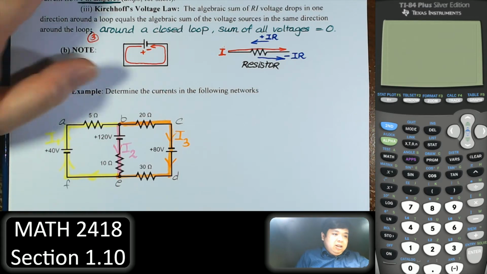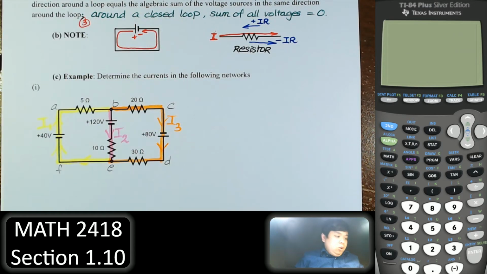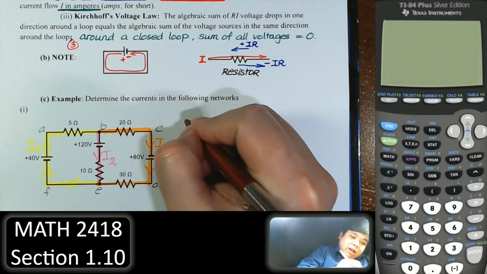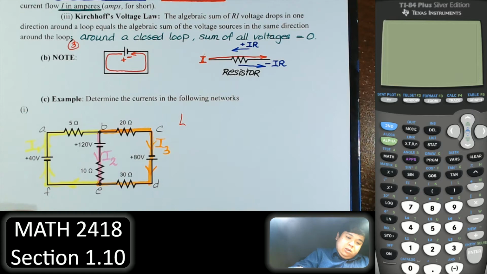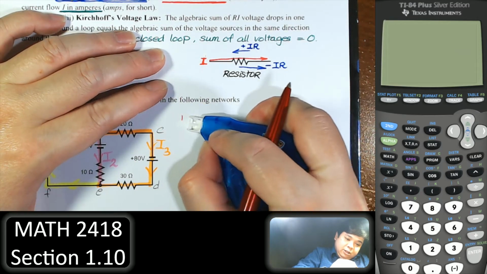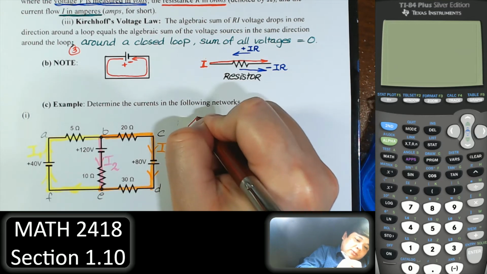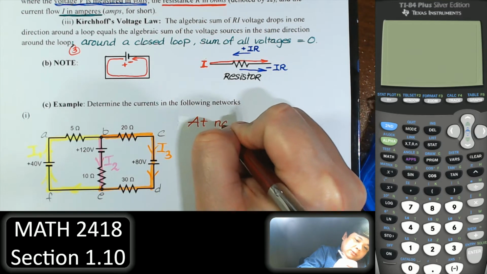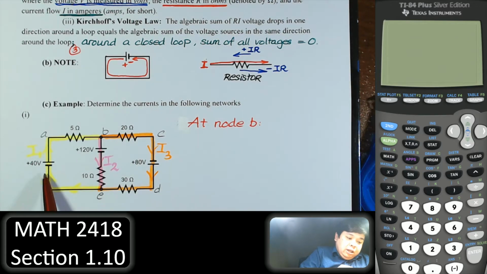So the first fact is the sum of currents in is equal to the sum of currents out. The first equation is at node B. The current in is I1, and the current out is I3 and I2.